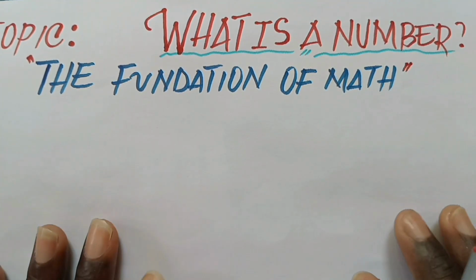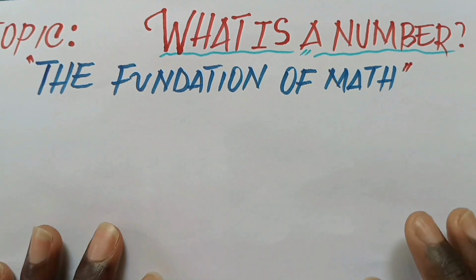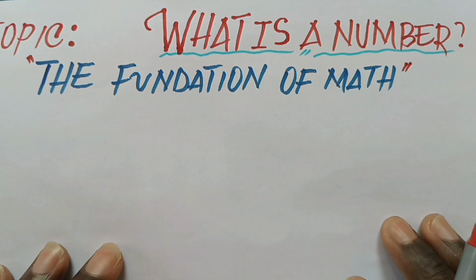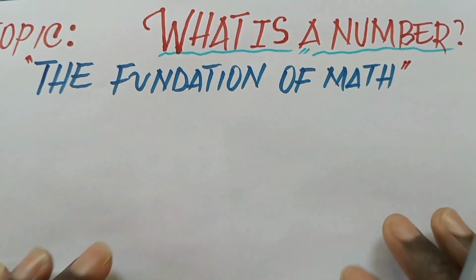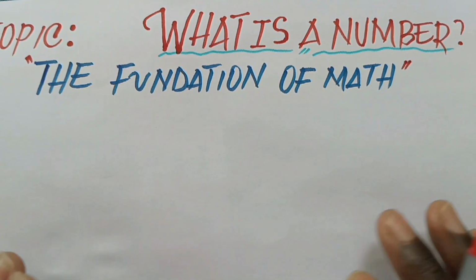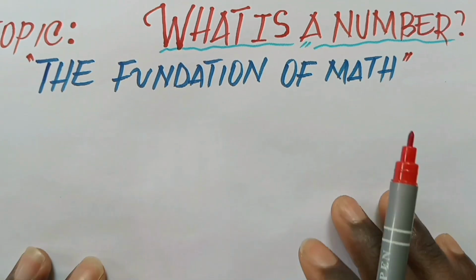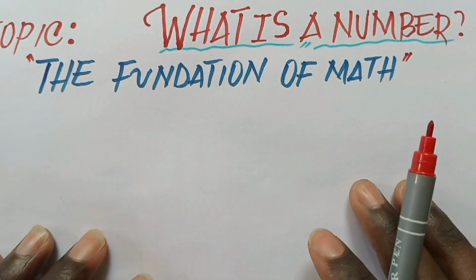This playlist will take you step by step from the foundation of math all the way to advanced topics. In this first lesson, we'll discover the most fundamental idea, the natural numbers. Natural numbers are the numbers we use to count.